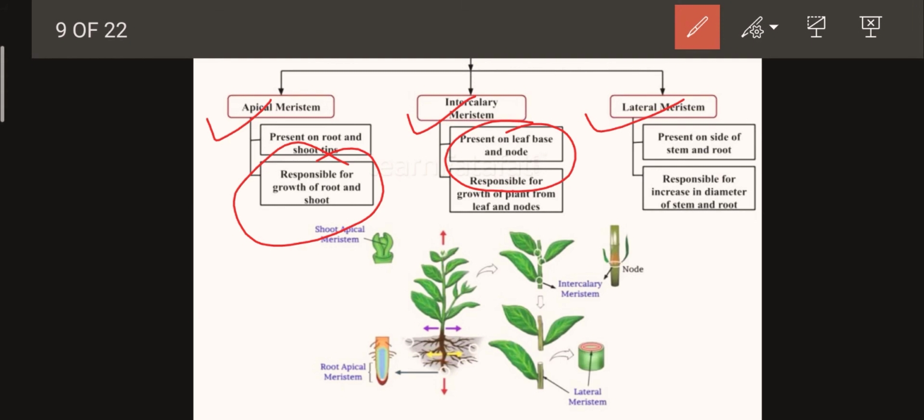So this kind of meristem is responsible for lengthening in monocots and grasses, etc. And the lateral meristem is responsible for the increase in the girth, the diameter of stem and root. Hence this lateral meristem is responsible for the secondary growth.